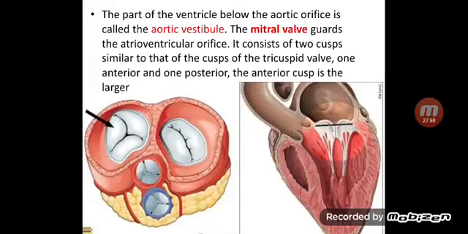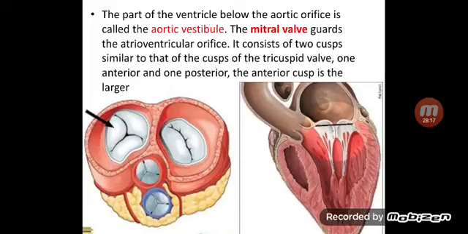The mitral valve guards the atrioventricular orifice. It consists, as I said, of 2 cusps, so it is also named the bicuspid valve. Remember the tricuspid consists of 3 cusps. The inner structure is the same: folds of endocardium with some connective tissue.